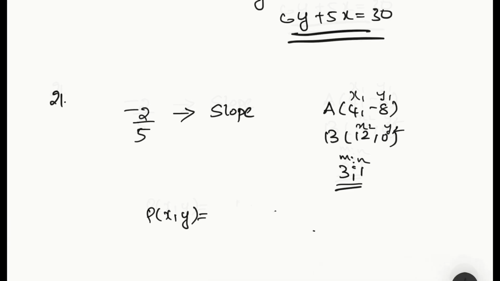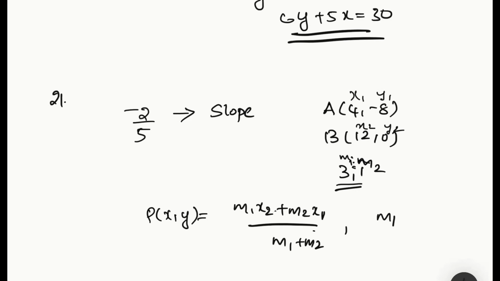The point P(x, y) is equal to (m1 x2 plus m2 x1) by (m1 plus m2), comma, (m1 y2 plus m2 y2... m1 y2 plus m2 y1) by (m1 plus m2). So let us solve it and check the value.